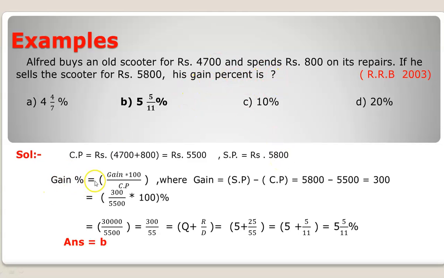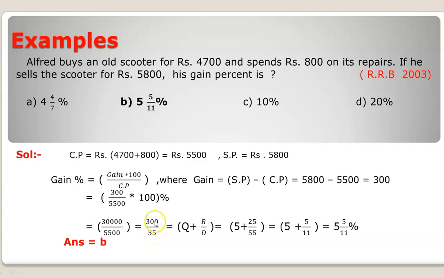Gain percent equals gain into 100 upon cost price, where gain equals selling price minus cost price, which is 5800 minus 5500, which equals 300. Put the value in the gain percent formula: gain 300 divided by cost price 5500 into 100%. After calculating, this equals 300 divided by 55.